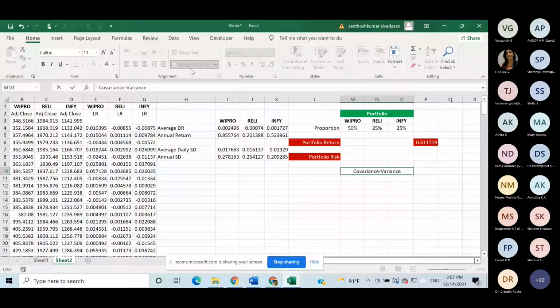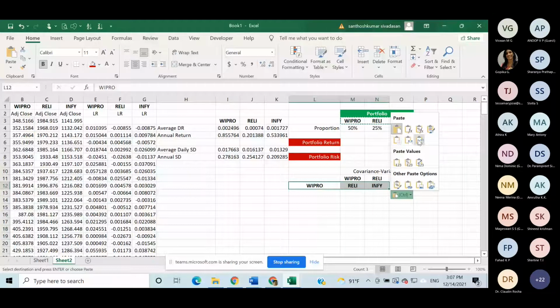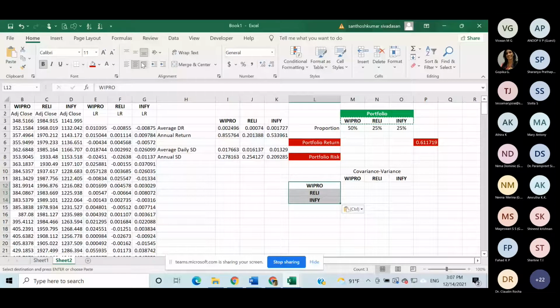So I'm just giving a label here. Copy, Control C, Control V, paste here. And here also you can paste, Control V, no, undo. Yes, Control V, choose here, you give a transpose so that it will be pasted like this. Okay.